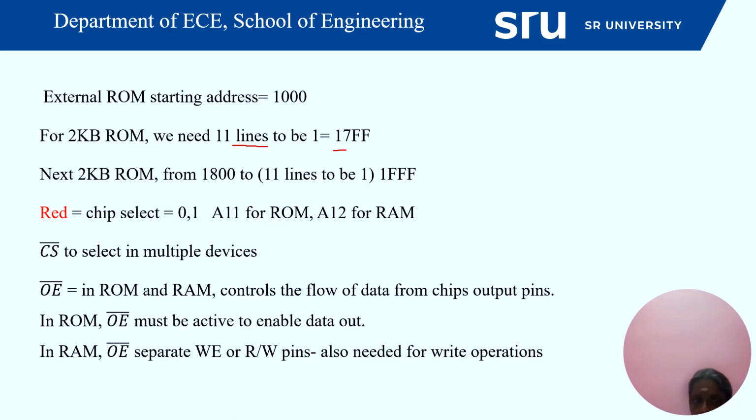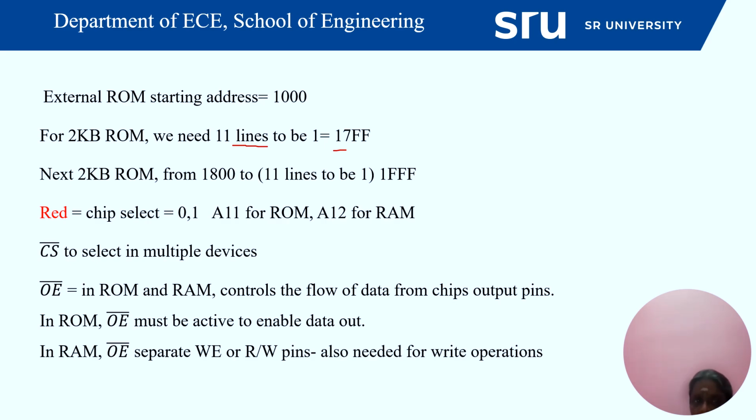And the next 2 kilobyte starting address is 1800, 11 lines, equal to 7FF.